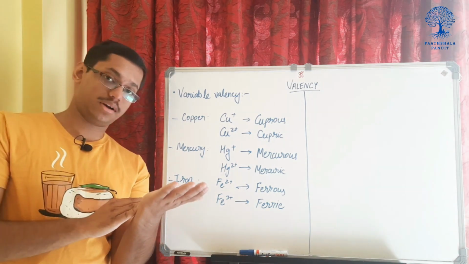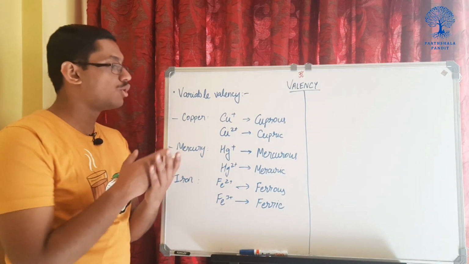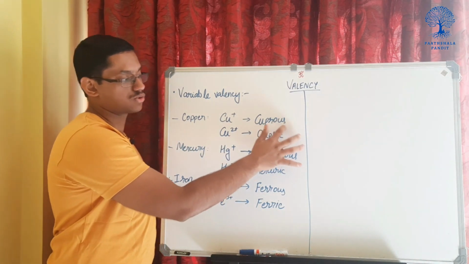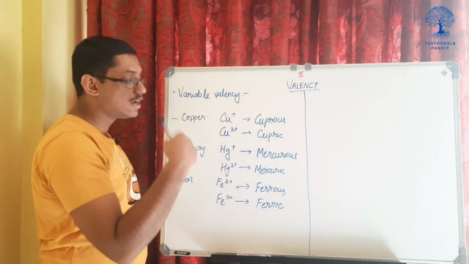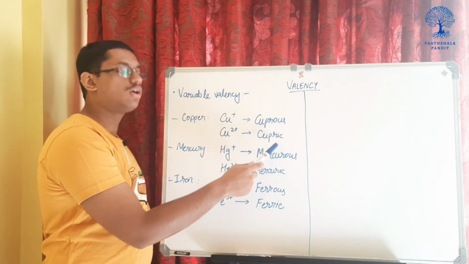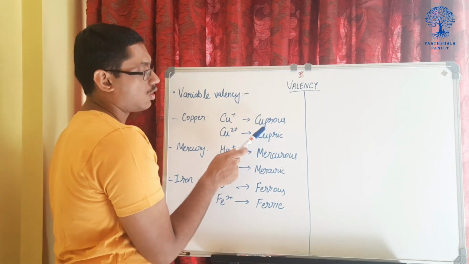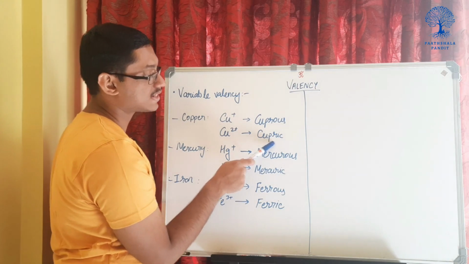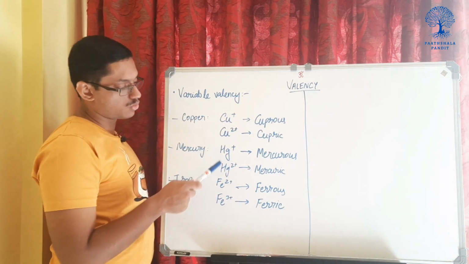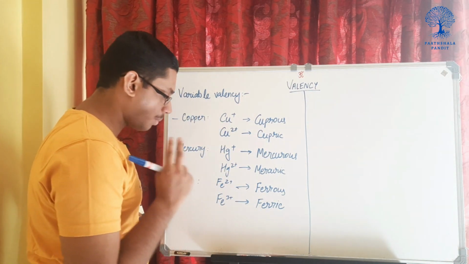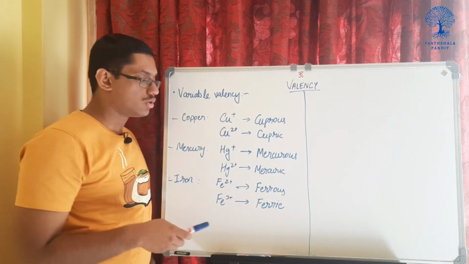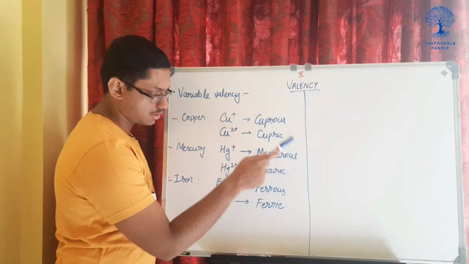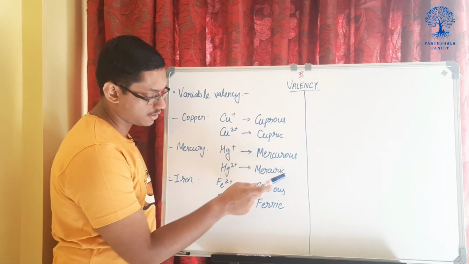So the lower one is named as Os. The higher one is Ic, whatever it is. The lower one is Os, the higher one is Ic. Here it chose two options, 1 and 2. The 1 is lower than 2, so it is named Os. 2 is higher, it is known as Ic.